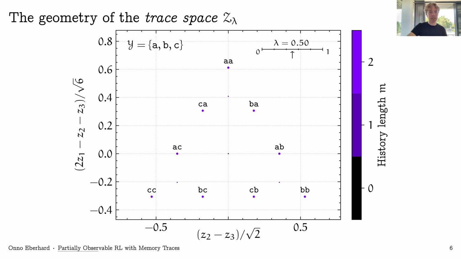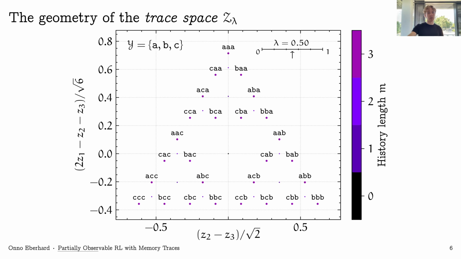Concretely, for example, in this triangle up here, all memory traces end with the observation A. This is because the most recent observation is more dominant and tells you where in the space you are. If we add another observation, then a very similar thing happens.